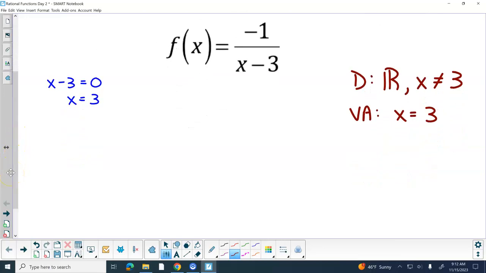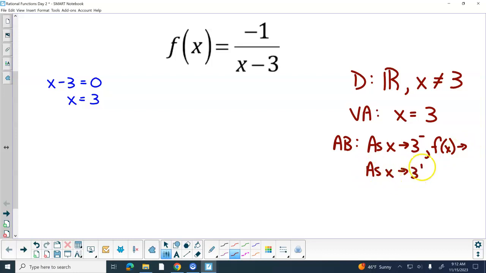So that's going to be an AB. So as x approaches 3 from the left, what is our function doing? And as x approaches 3 from the right, what is our function doing?